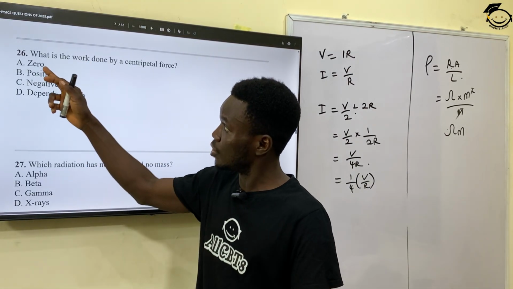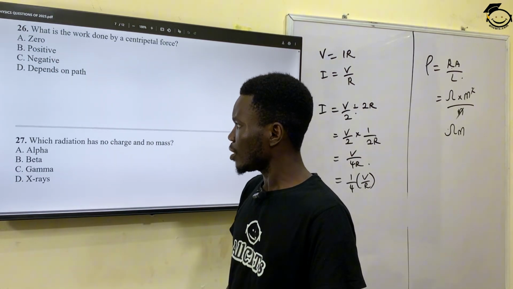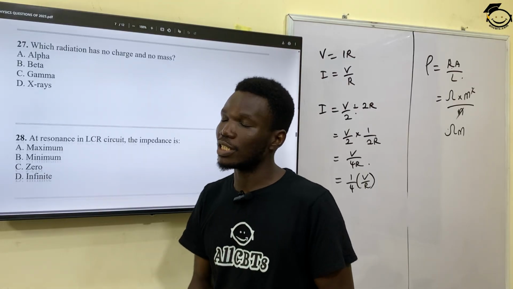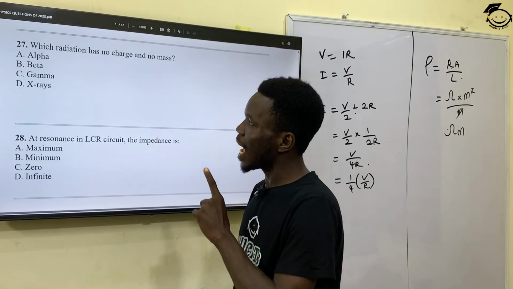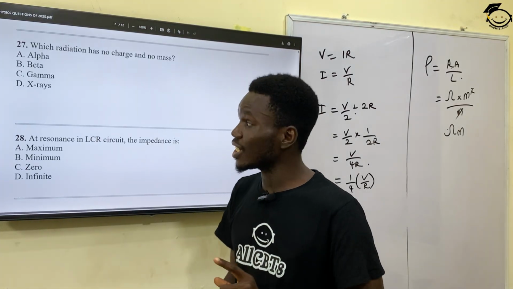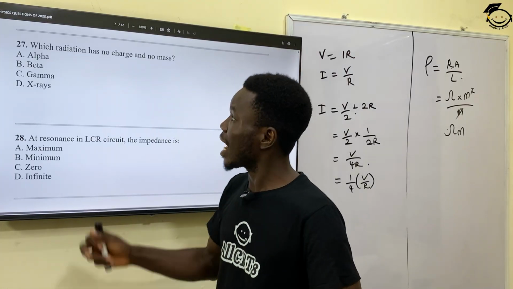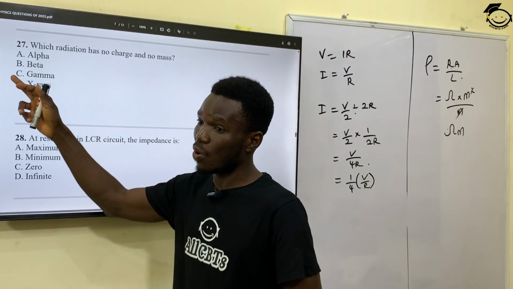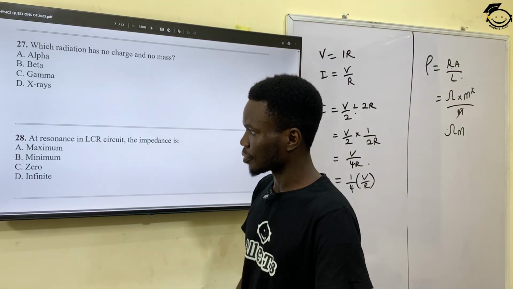So the correct answer to this question is 0, which is option A. So that is to question number 27. We say, what radiation has no charge and has no mass? The radiation that has no charge and has no mass is gamma rays. Gamma rays have no charge and they also have no mass, which is option C.